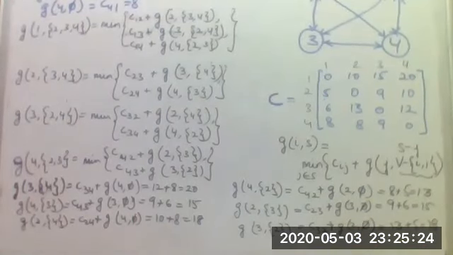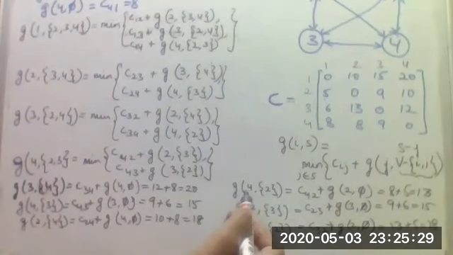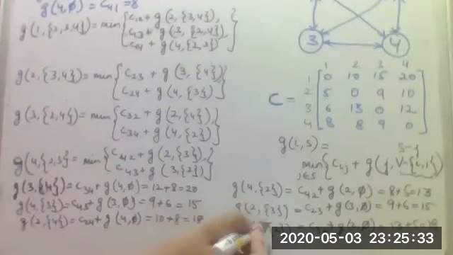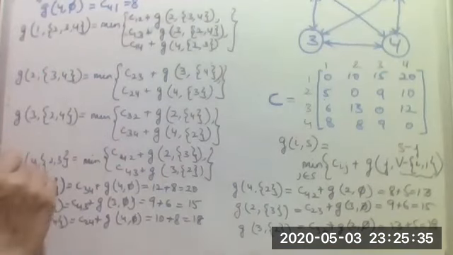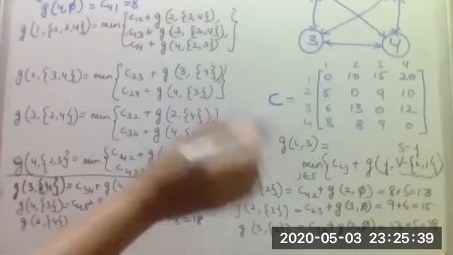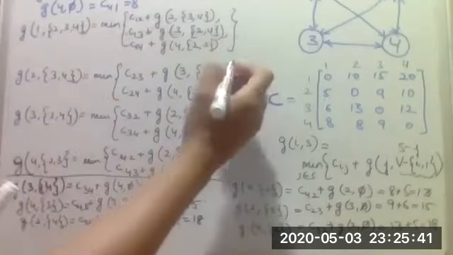So we have calculated all the values of the set G where we have only a single vertex. Now we will put back these values into the previous terms. So let's start from here.